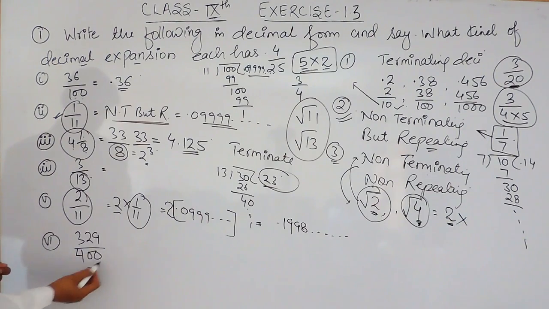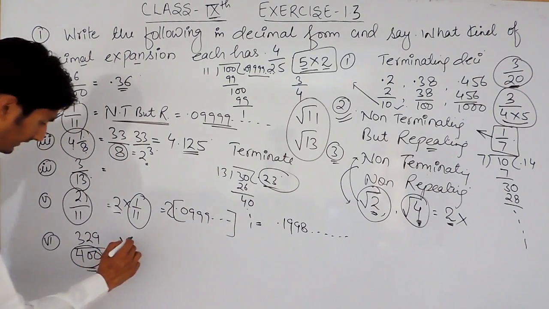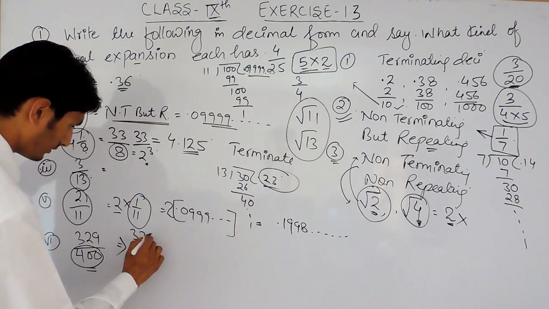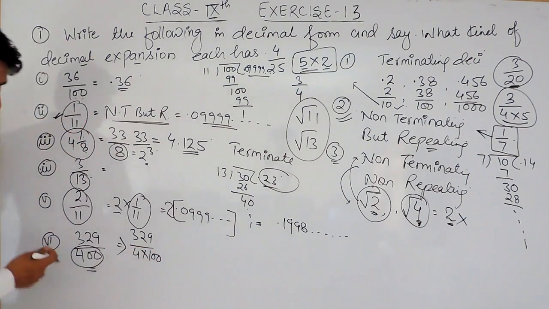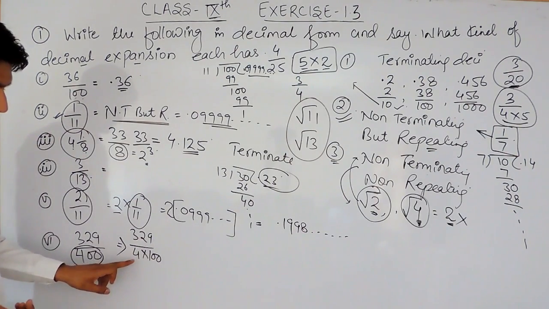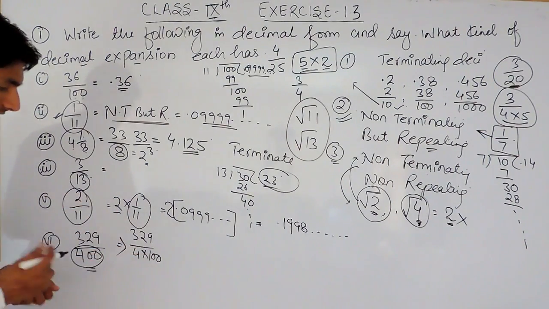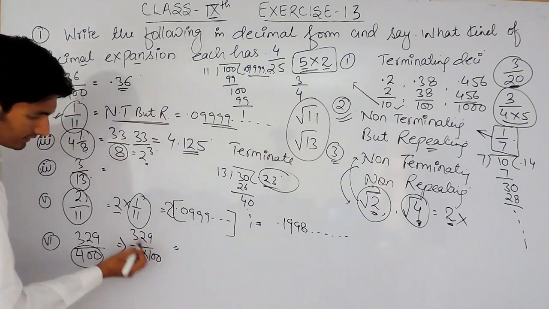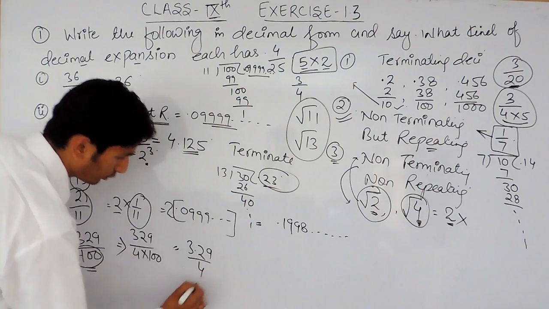Similarly, when you talk about this, in the denominator this can be written as 4 multiplied by 100. So obviously in the denominator there is 0 and there is 2 raised to power 2. So obviously this will terminate itself, and if you solve this, this will be 3.29 upon 4.